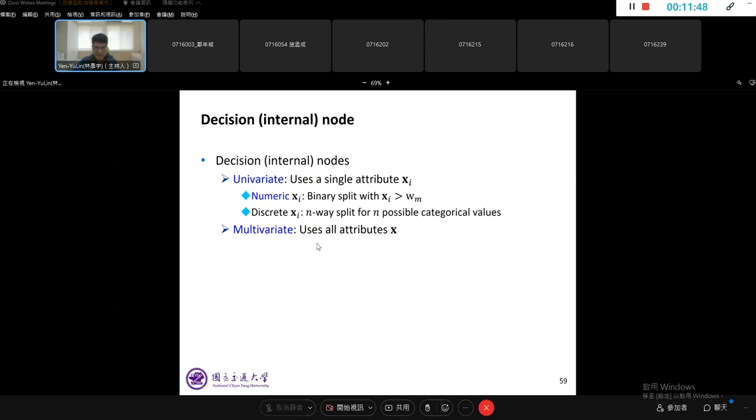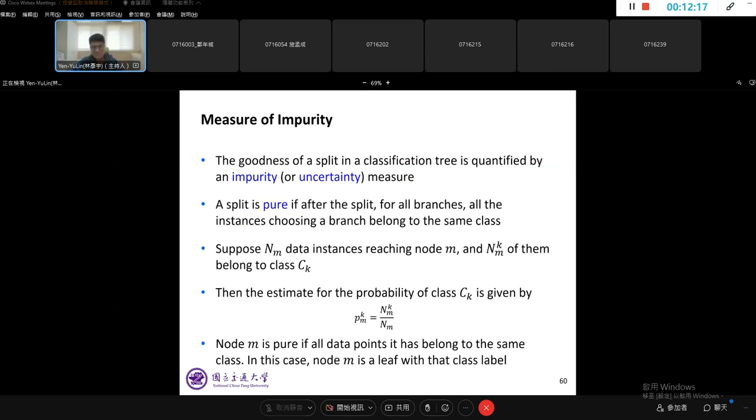On the other hand, if we simultaneously consider all attributes of an input data point, this is called a multivariate decision tree. In most cases, we use a univariate decision tree because it is simple and it can be used to reduce the risk of overfitting.